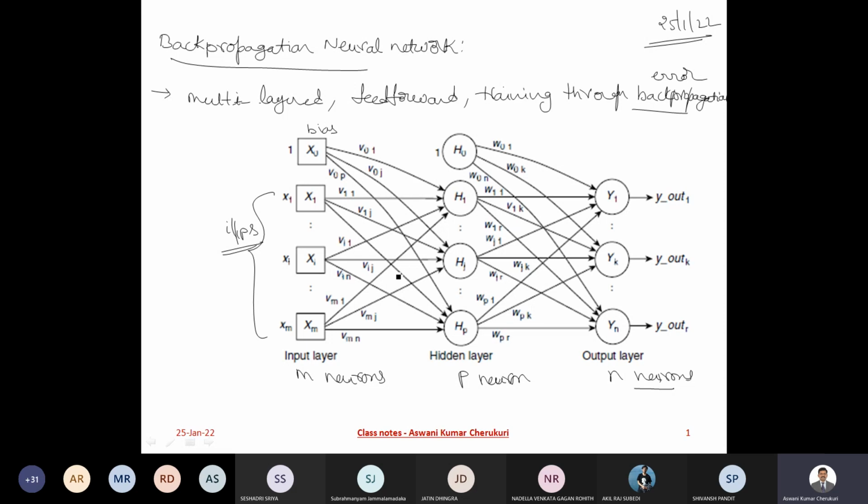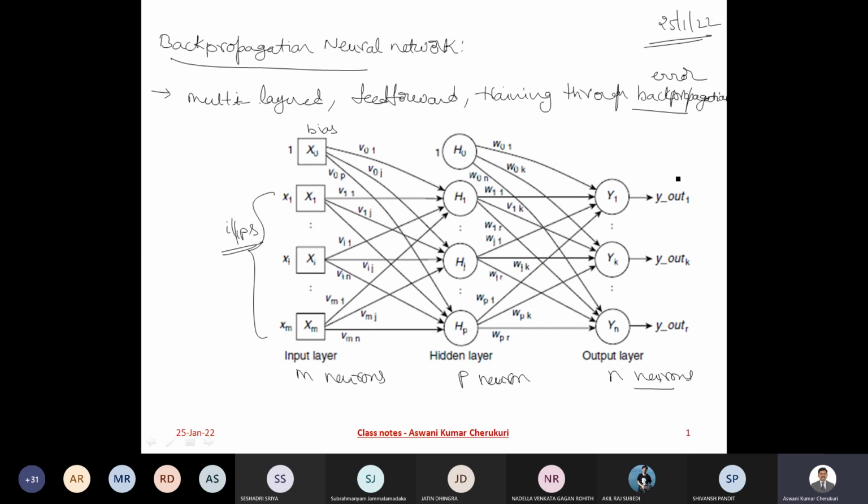Of course, in the diagram we have seen only one hidden layer. Depending on the problem, you may have one or two more hidden layers. So this is how the activation propagates in the forward direction from your input to the hidden units, and subsequently from the hidden units to the output units.